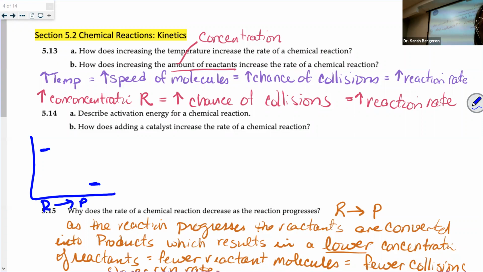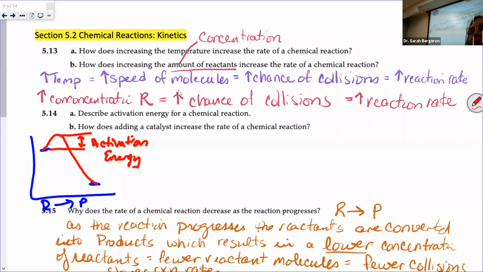We like to think, oh, I can just connect the dots like that, but you can't. That's not what really happens in a chemical reaction. What really happens is we have to go through this little intermediate stage, and then we can go down to our products. And this little bit of energy right here that you put in, from here to here, is the activation energy. Did you have to put in a lot for this kind of reaction that we drew right here? No, just a little bit, right?